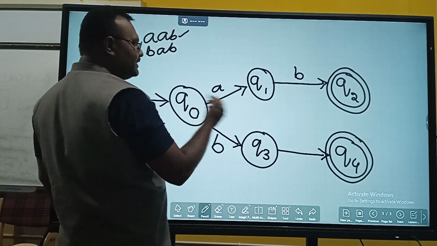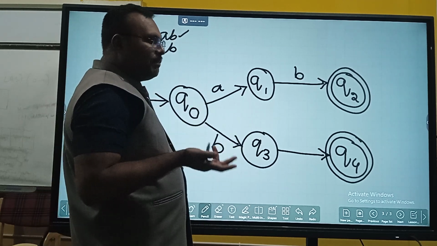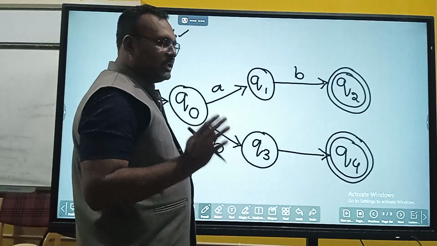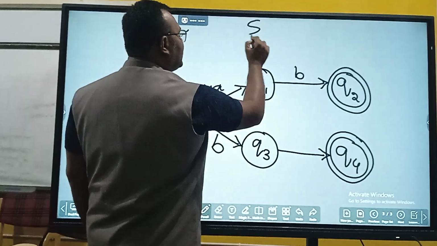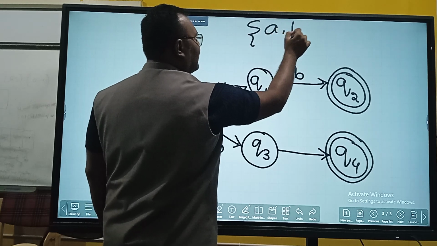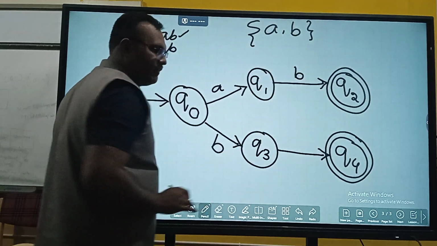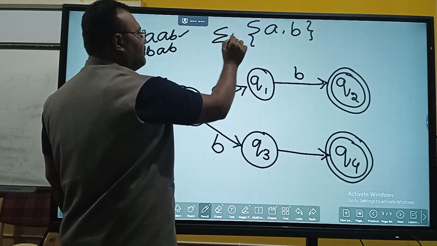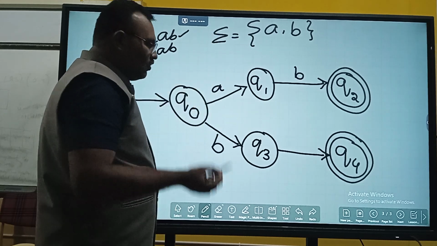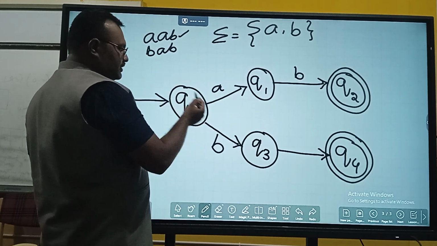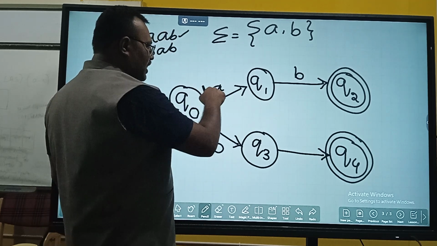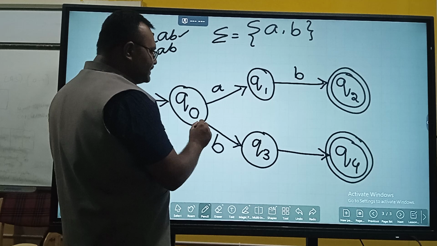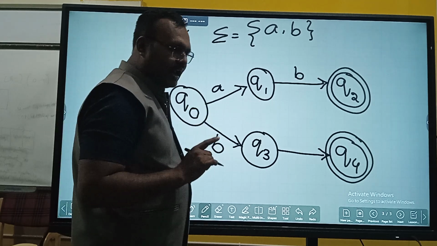Now, let us see what are the possible transitions I can give in each state. If I take the set of alphabets I have, only two alphabets we have, that is A comma B, right? Now, if you look at the state Q naught, which is a start state, it is having a transition on both A as well as B. Is there any new transition that I can add here?